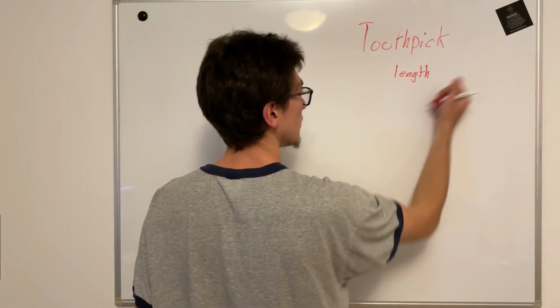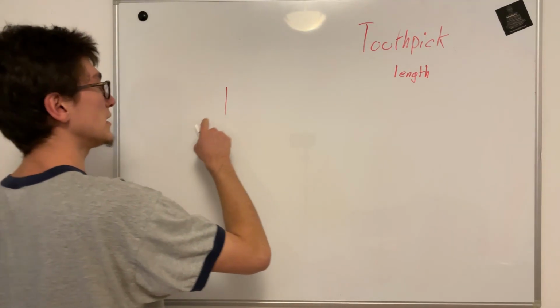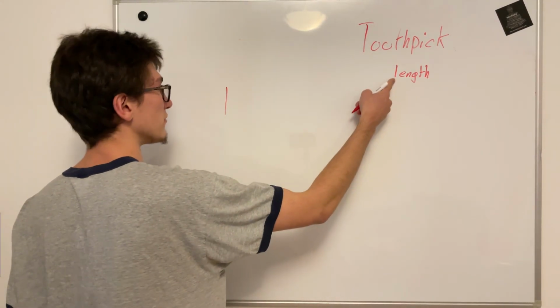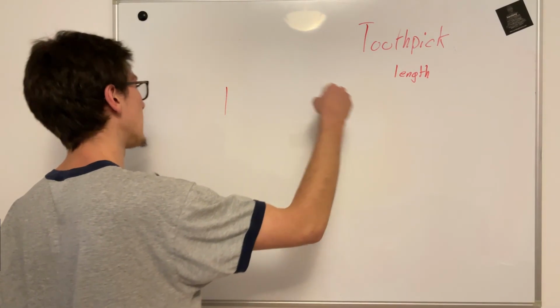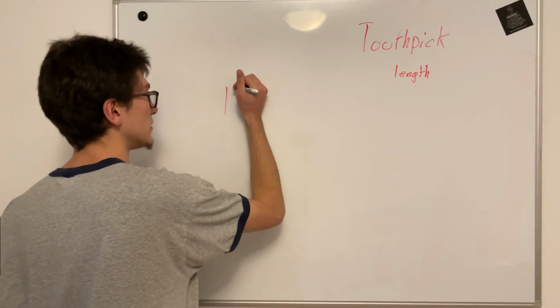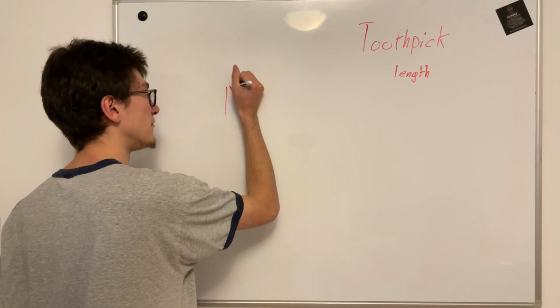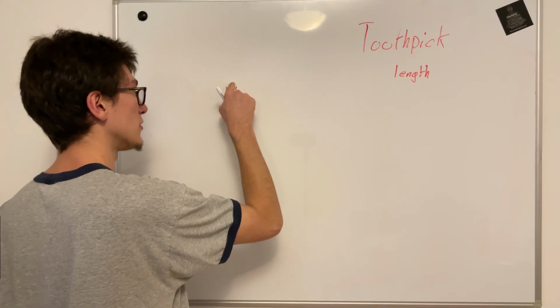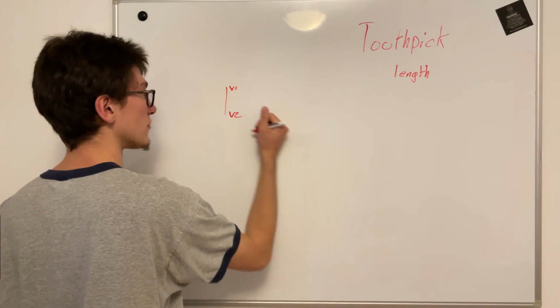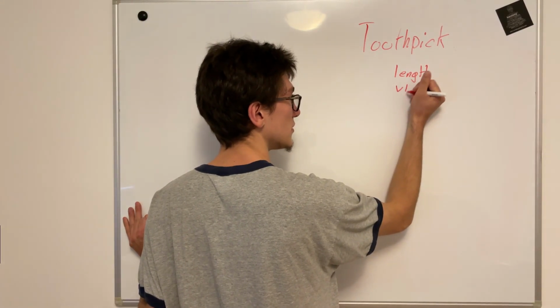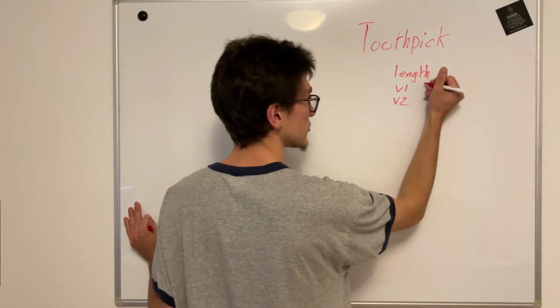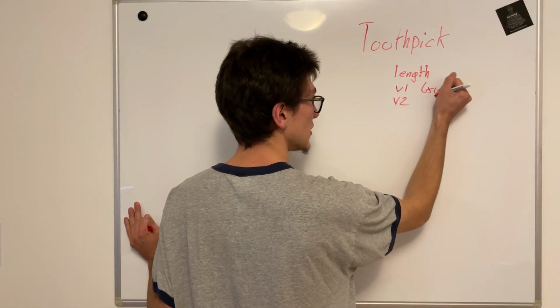It does have a length, but let's say V1 for vertex 1 and V2 for vertex 2, right? So V1, V2, those will be vertices, XY.